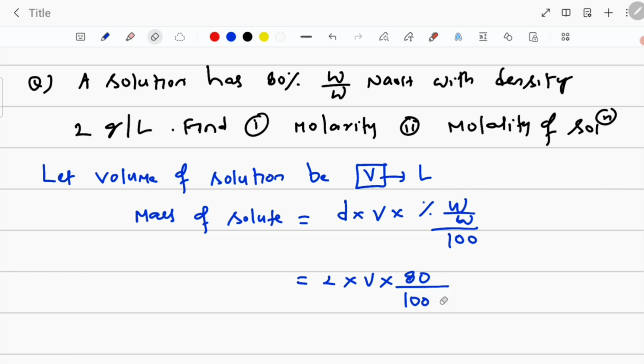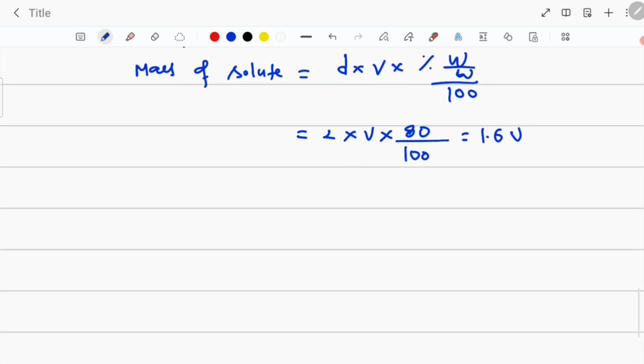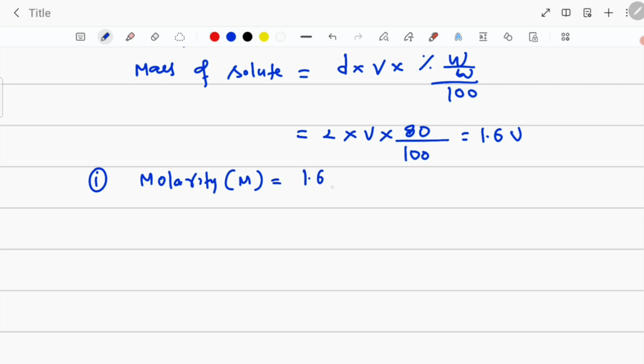So whatever value we are getting, that is 1.6 V, that is the mass of solute. So molarity is equal to number of moles of solute, which we write as weight of solute by molar mass.